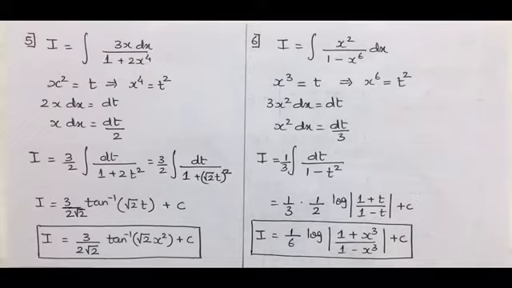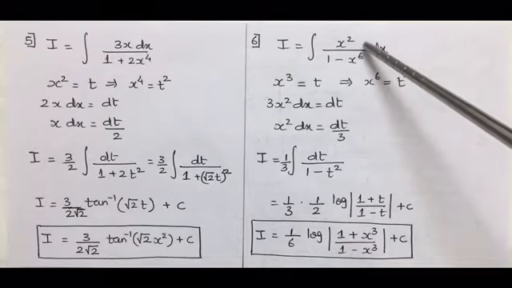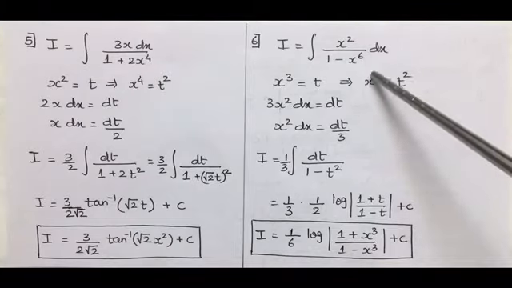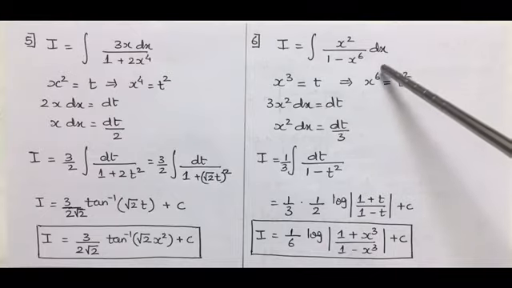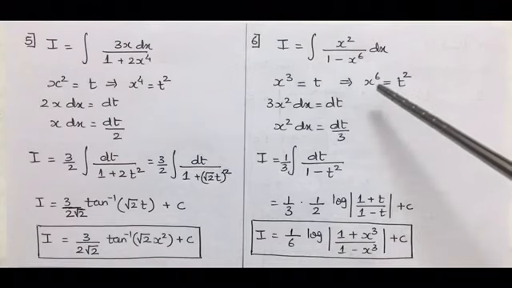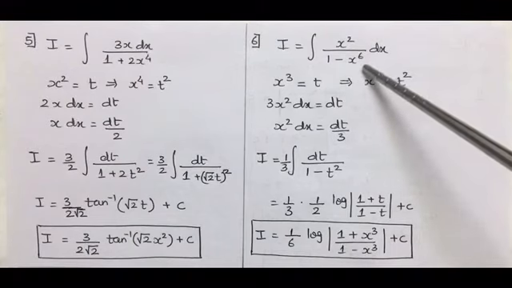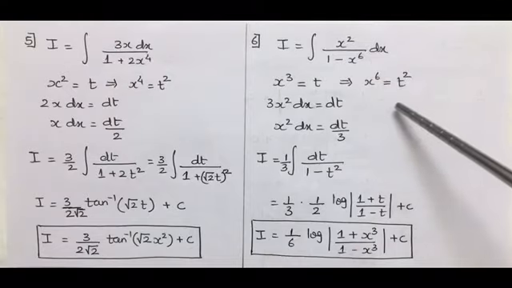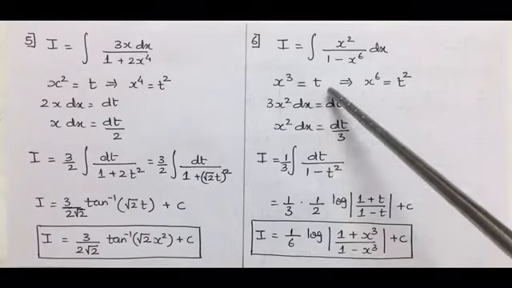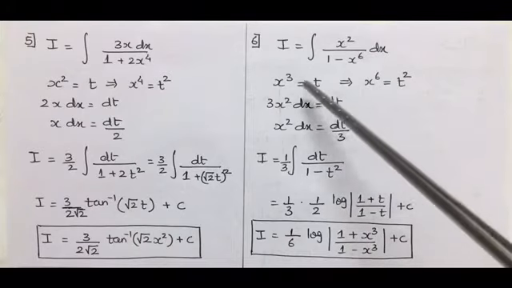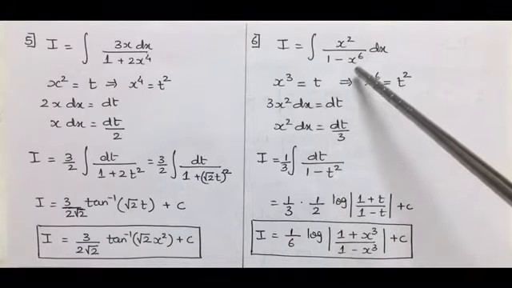Taking the sixth one, it is given here integration of x square upon 1 minus x raised to 6 dx. Now we have the formulas for x square and a square. So to convert x raised to 6 in terms of square, we will take x cube is equal to t. 6 half is cube, so always assume the half of it if directly squares are not given.